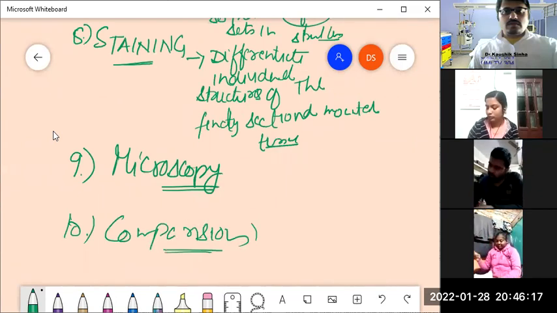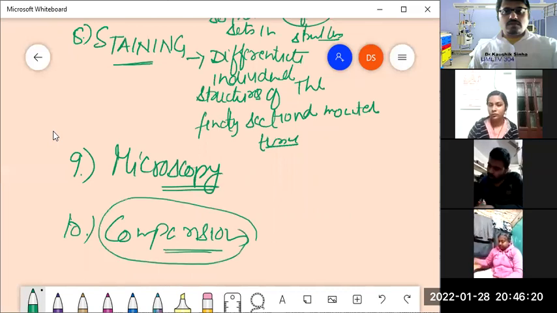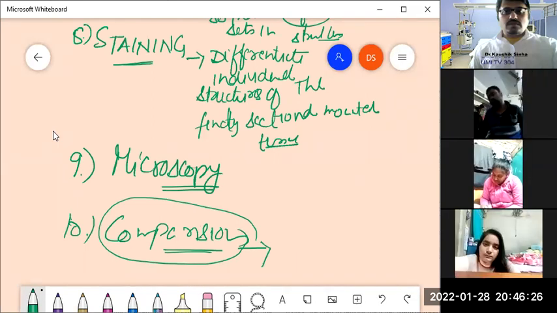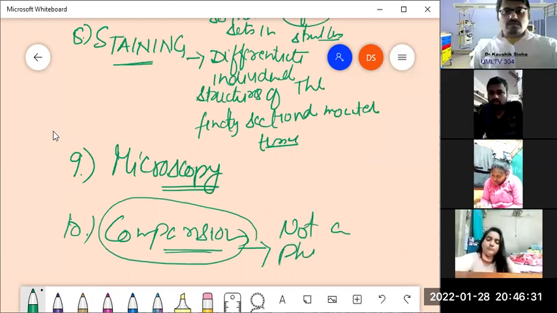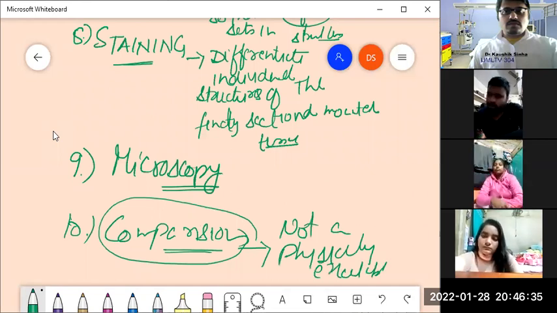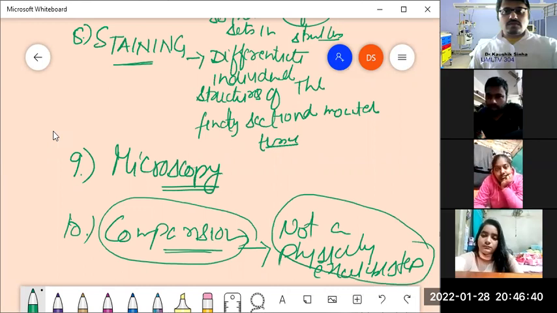Now, most of the histologists do not consider this as an executable step. That means comparison is not a physically executable step, because the concept of comparison is entirely done inside the mind, intellectually.